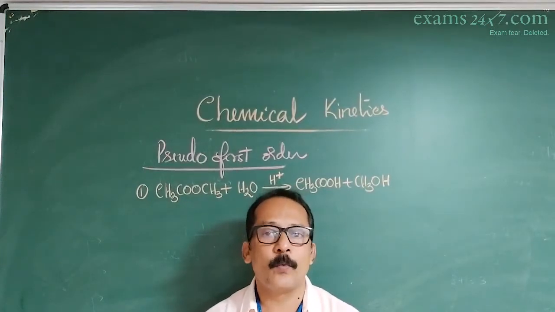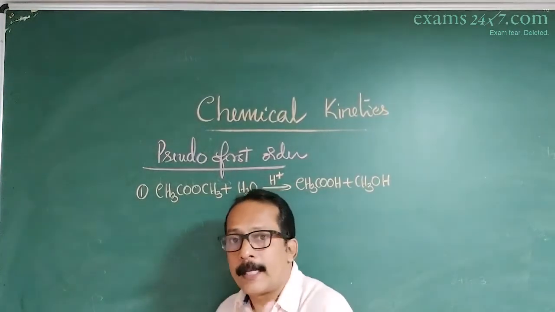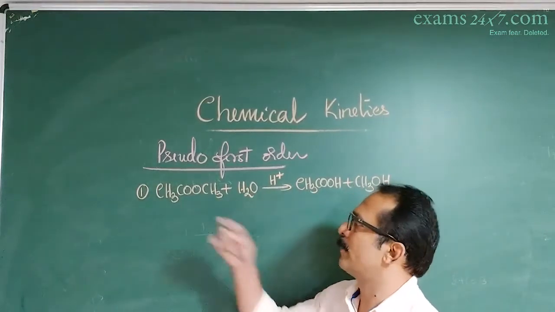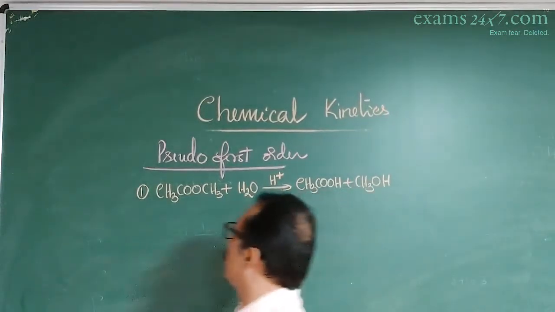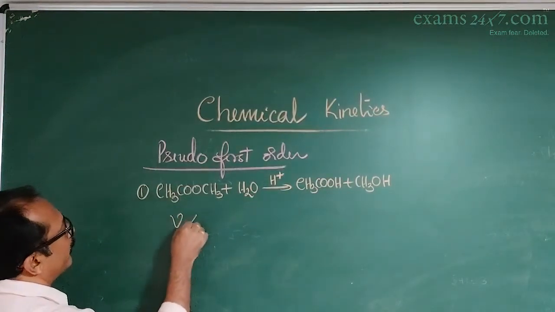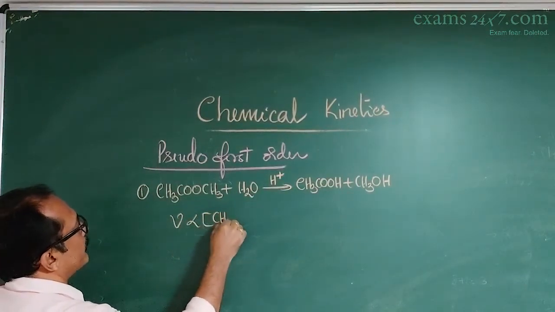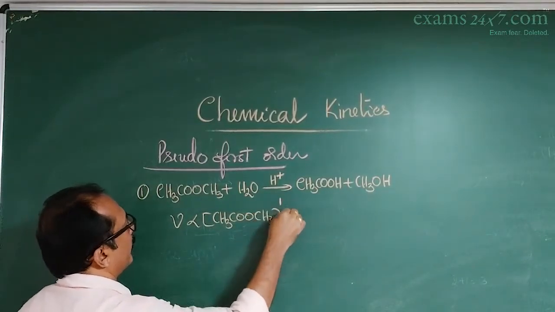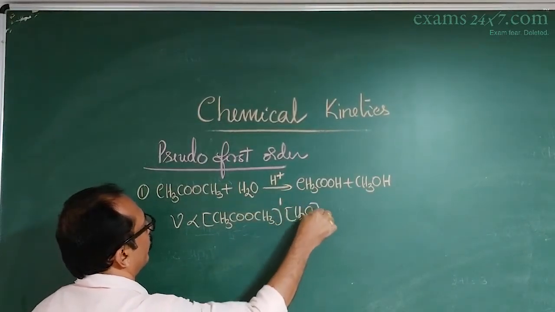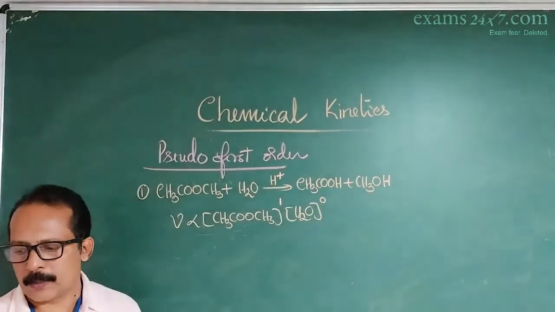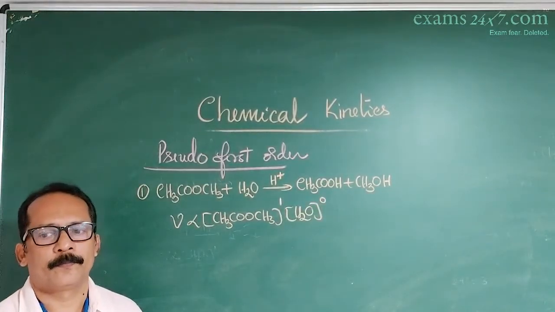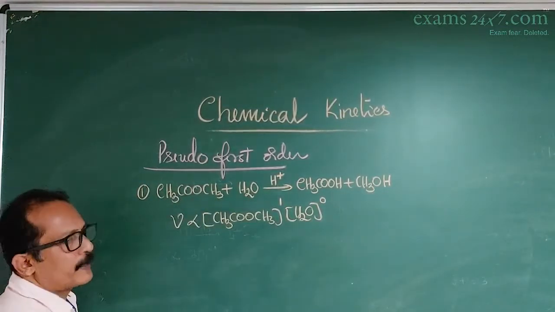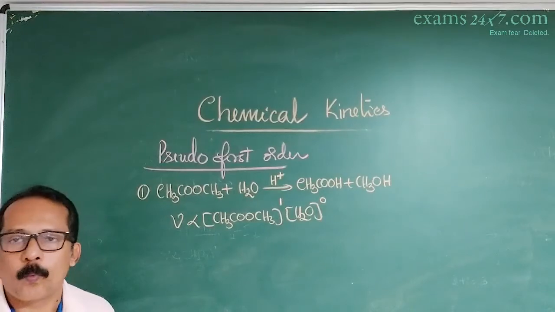That means it is not involved in the rate. Therefore, the rate of the reaction depends only on the molar concentration of methyl acetate. The rate law is given like this: CH3COOCH3 raised to the power 1, and with respect to water it is 0. Therefore, here it looks like 2, but the order of the reaction is 1.